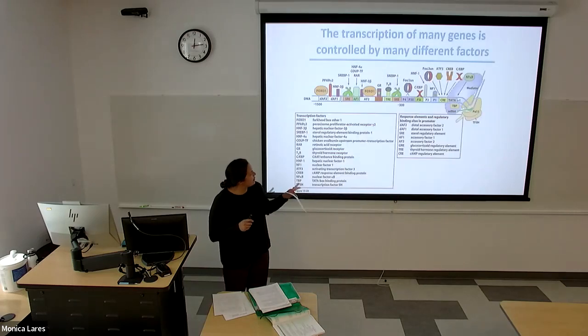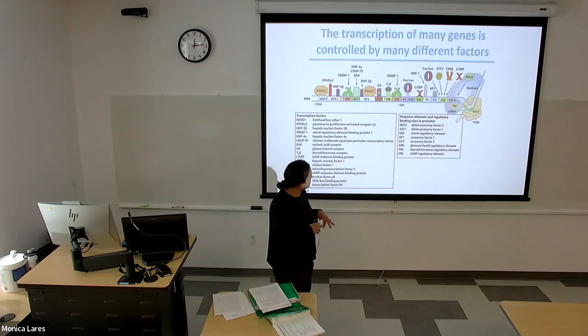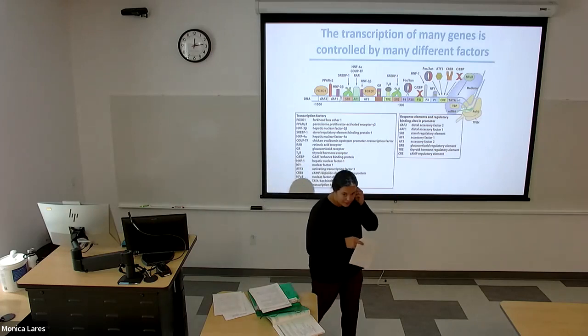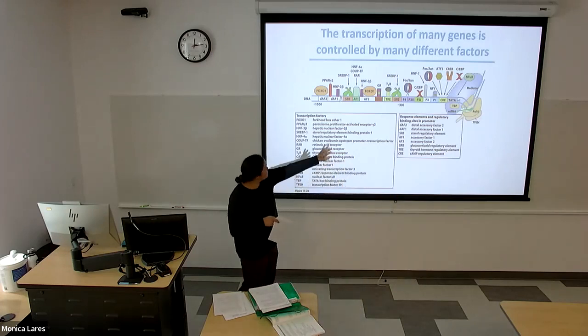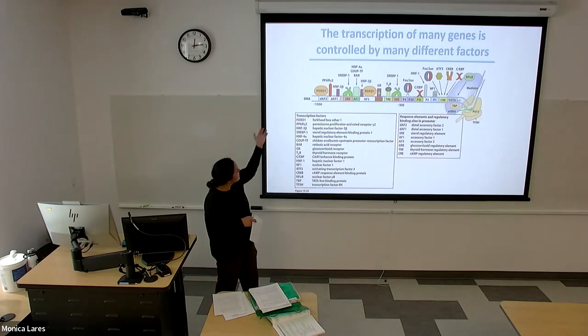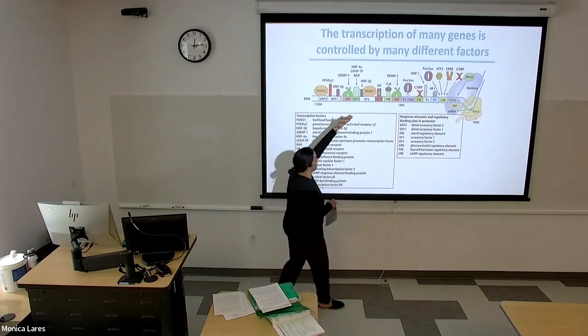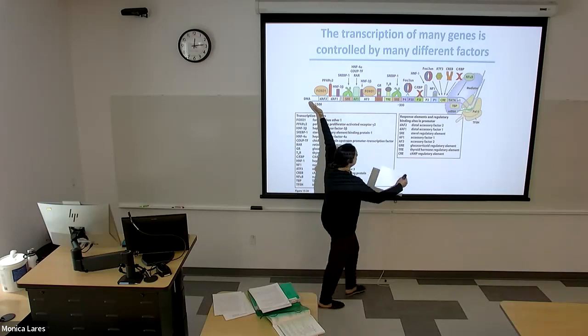So the thing about transcriptional regulation is that it can get pretty complicated. I just put this slide up there so you can see that it's controlled by many different factors. These are all binding sites upstream of the gene.